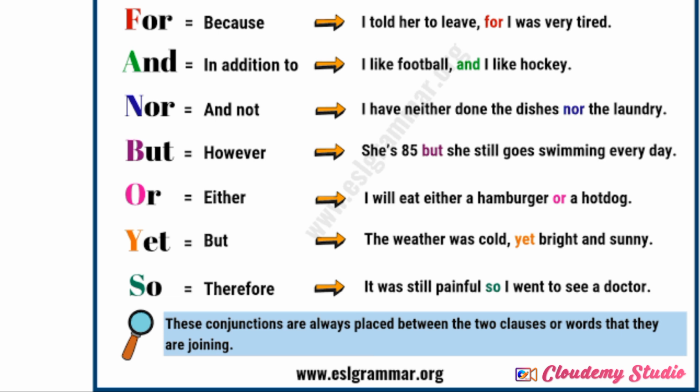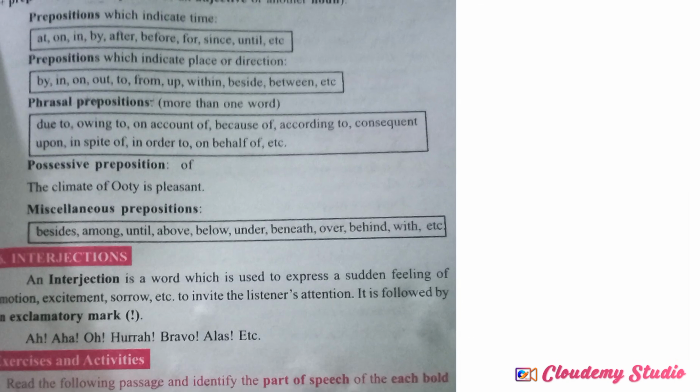As they came late, they missed a part of the cinema. As is also considered as a conjunction. If we waste time and money, we will suffer later. If is a clause here that works as a conjunction. These are the different types of conjunction, which you can easily understand in your examination.